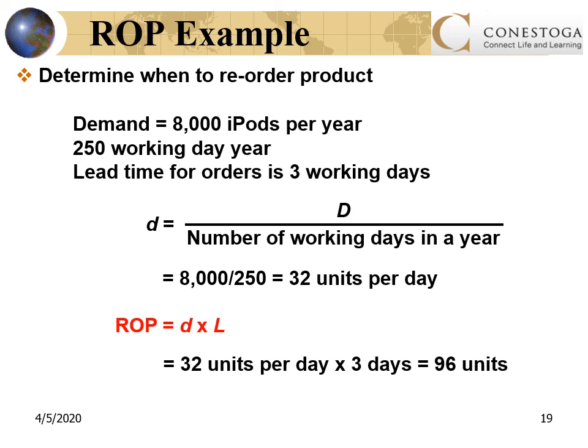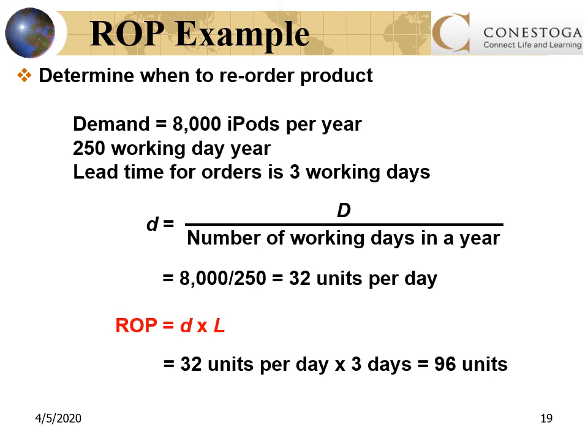Now for example, let's look at this question. The demand for iPods is 8,000 iPods made each year, and 250 working days per year is what we are considering. The lead time for the order is 3 working days.